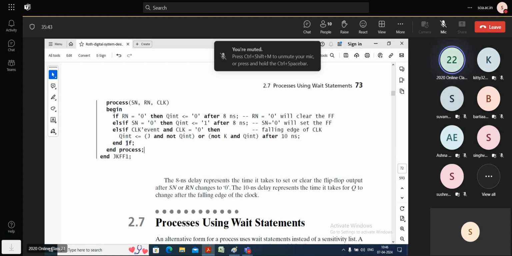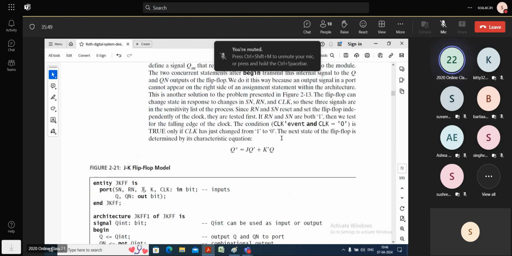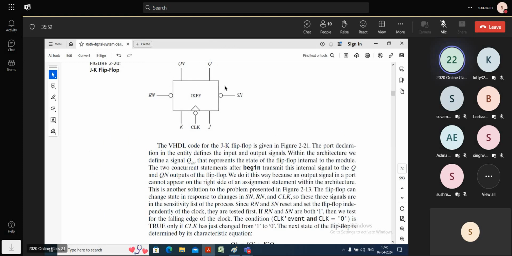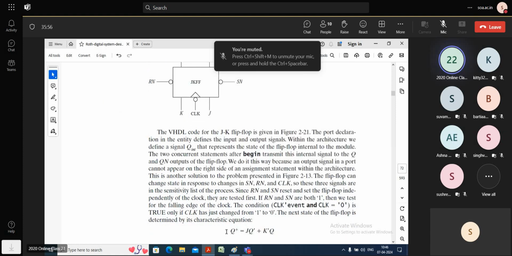So here, this is the equation for Q plus. How do you find Q plus? In the case of the JK flip-flop, this is the characteristic equation.